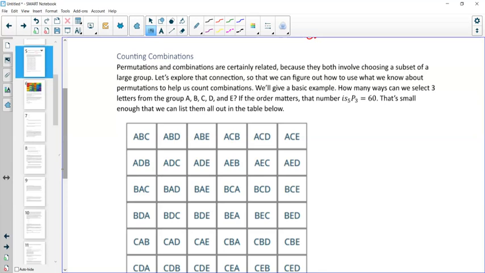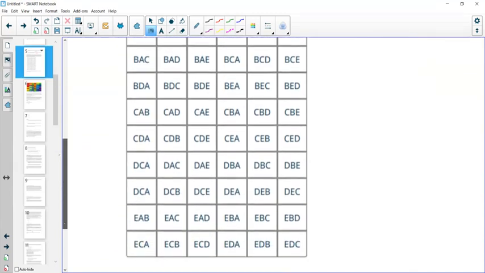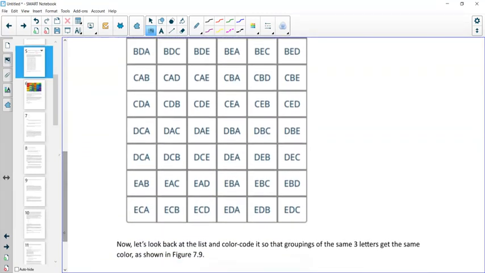If the order matters, that number is 5P3, or 60. That's small enough that we can list them all in the table below. Now let's look at the list and color code it so that groupings of the same 3 letters get the same color, as shown in figure 7.9.